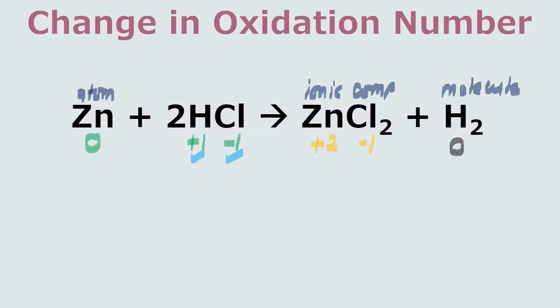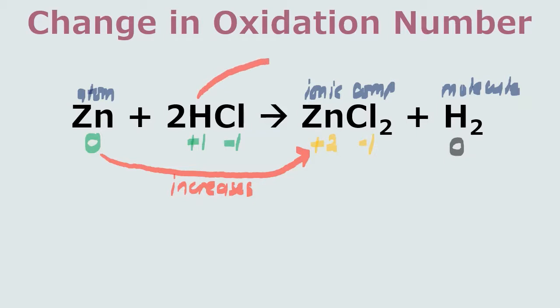Now, by looking at the changes in oxidation number, we can describe redox reaction. For zinc, the oxidation number changes from 0 to +2. Therefore, the oxidation number increases. While the oxidation number of hydrogen decreases from +1 to 0.